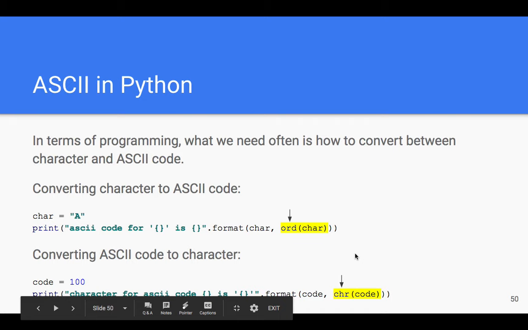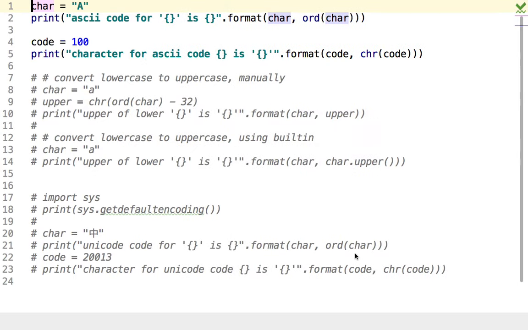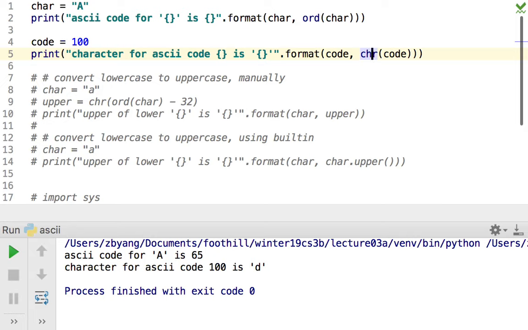To see that in action, I have typed that up. This is basically the same code. I'm converting the capital letter A to its ASCII number and printing it out. And I also do the other way. I have a code, a number, let's say 100, and I want to convert it back to a character. So let's run this.